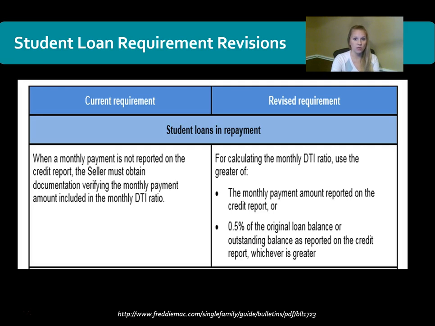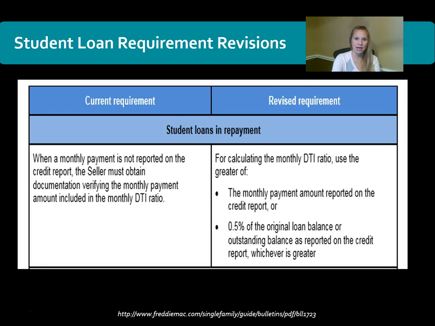Now, with the new revision, we do not have to, as an underwriter, ask for any type of documentation. You're just going to look at the credit report and you're going to either go off the original loan balance if there is no payment listed, or go off the provided amount on the credit report.